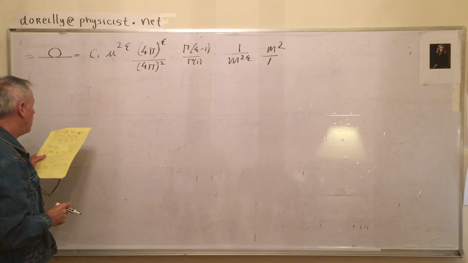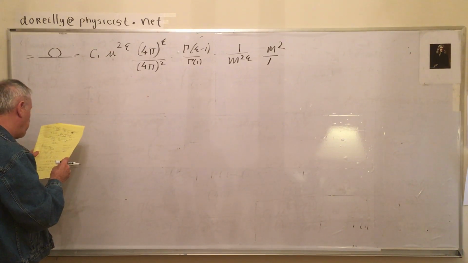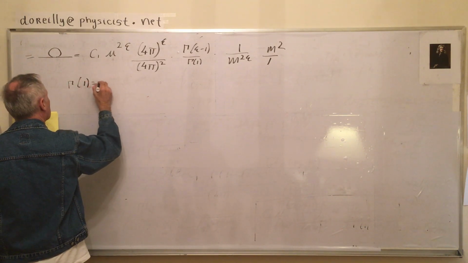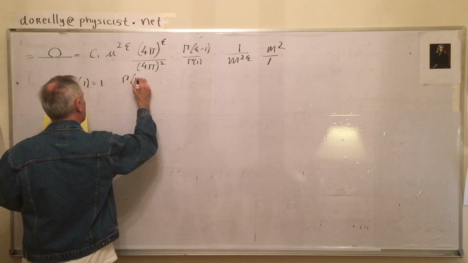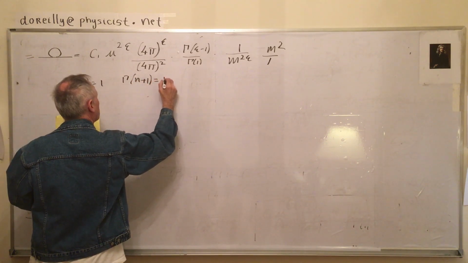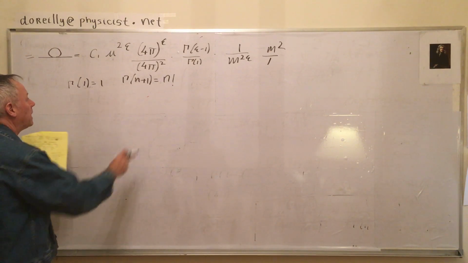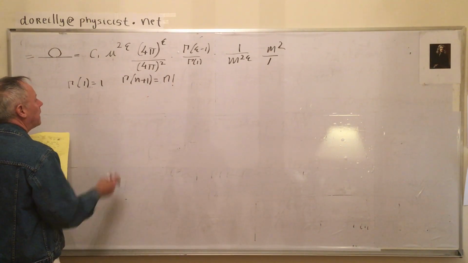That's all that happened there, right? Now, the gamma function, gamma n plus 1 is n factorial, so it's also called the factorial function.